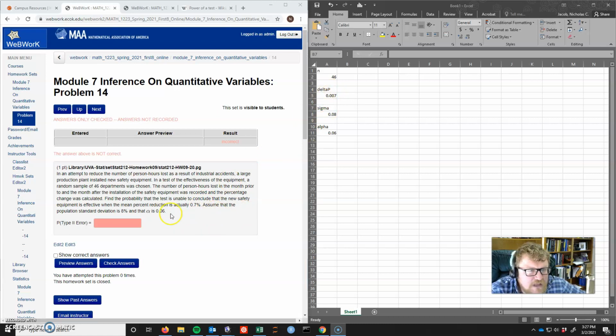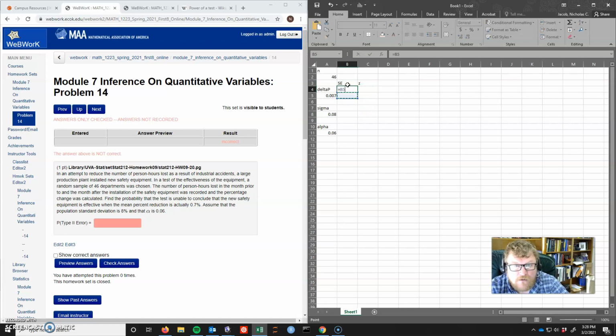Change of percentage. And we're going to assume that the population standard deviation is 8% and that alpha, our probability of a type 1 error, is going to be 6%. Okay, so in a normal test, we would compute the z, right? Actually, let's do the standard error first.